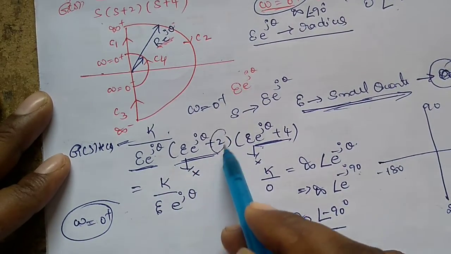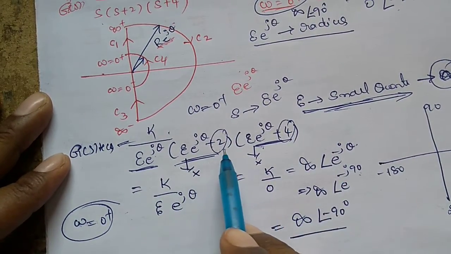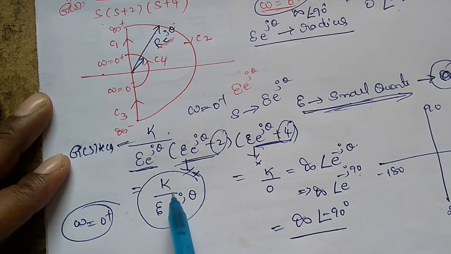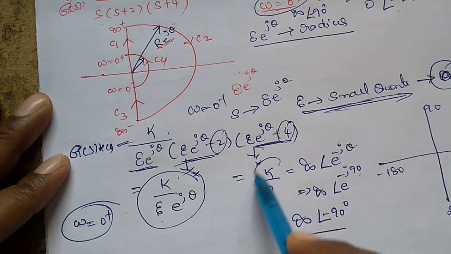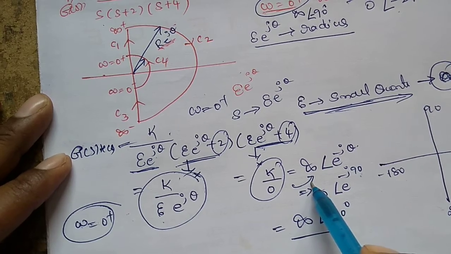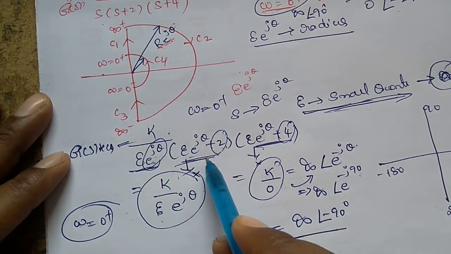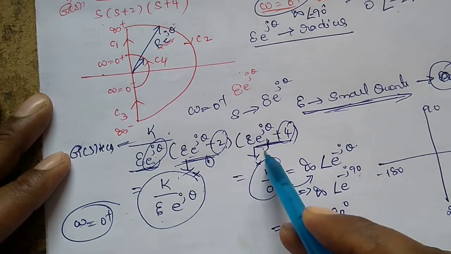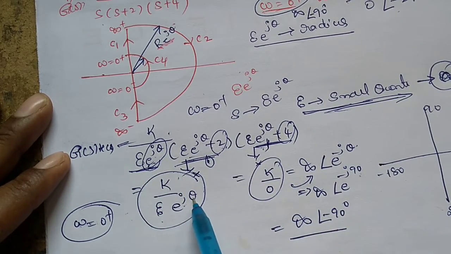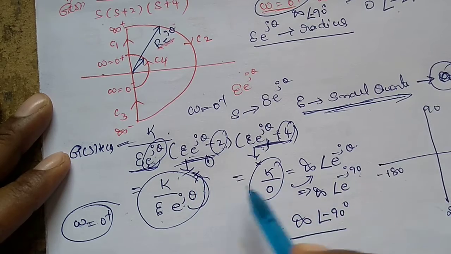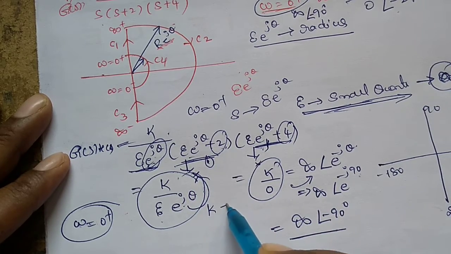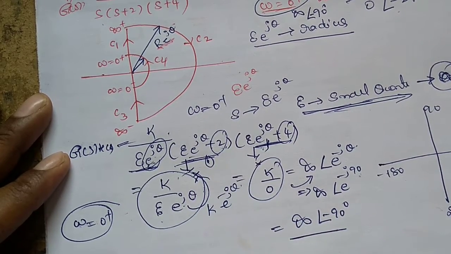The constant terms are very small. If I put 0 in epsilon, anything divided by 0 gives infinity. So this term will be left, with the constant terms considered as 1, and epsilon e raised to j theta. Shifting to the numerator, we get K into epsilon e raised to minus j theta.